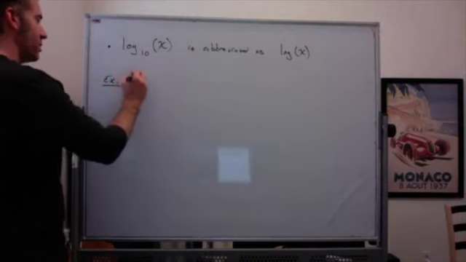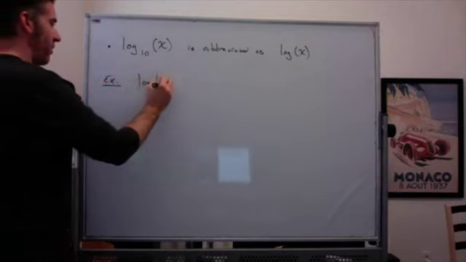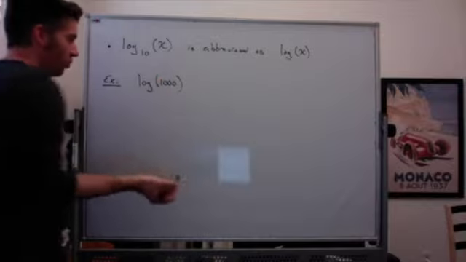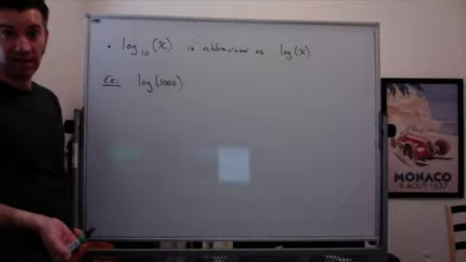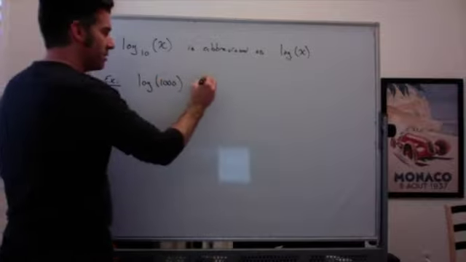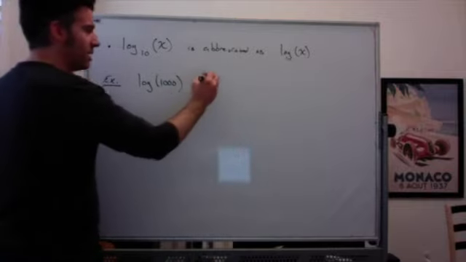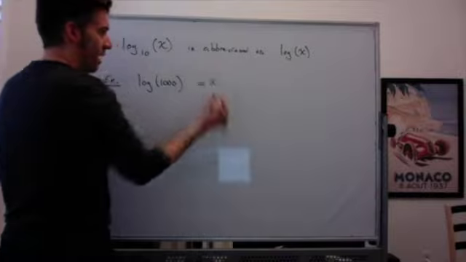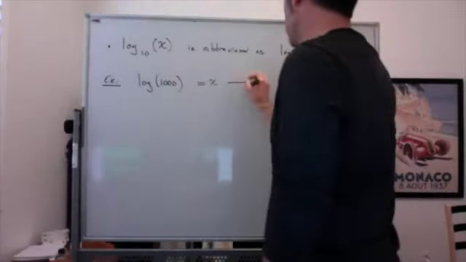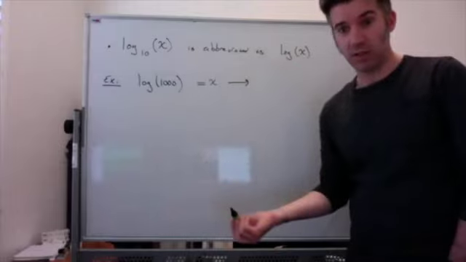if I wrote log of 1,000, we would know that I meant log base 10. Well, if we didn't know the answer, here's what we would do. I'm going to say the answer is x. And then I'm going to rewrite this as an exponential equation.